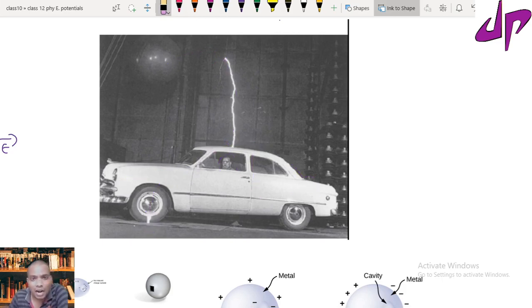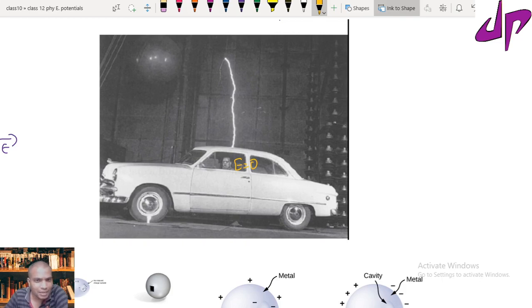Here the car acts just like a cavity, and whatever charge is carried by the car surface leads to the electric field inside the car going to 0.